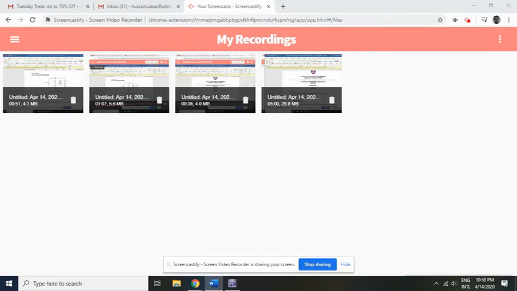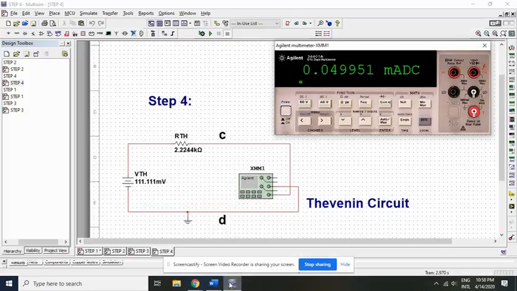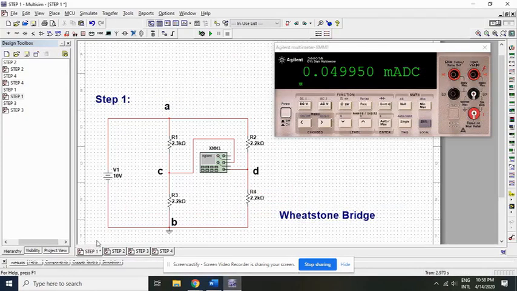According to my simulation, let's look at step 1. We have our Wheatstone bridge. I already drew the Wheatstone bridge here. We have terminal points A, B, C, and D. I'm replacing my galvanometer with my multimeter.